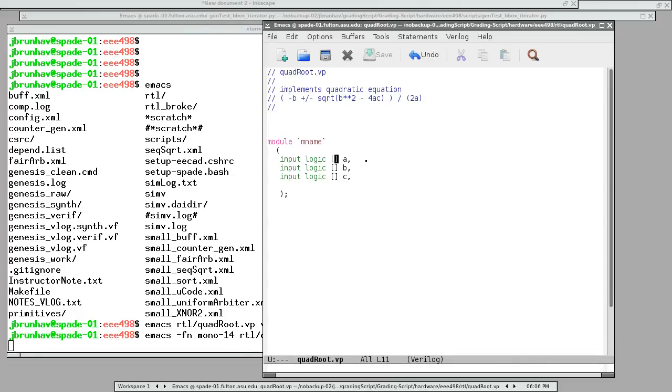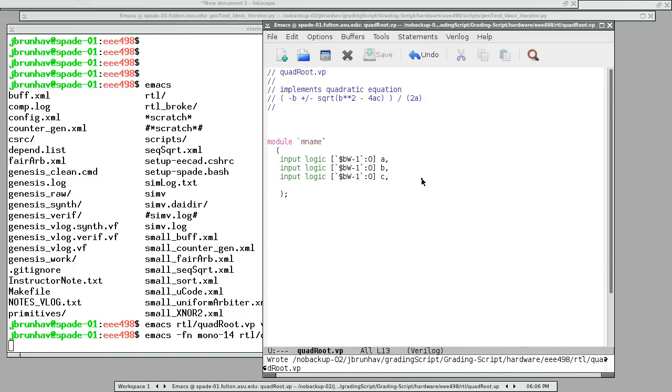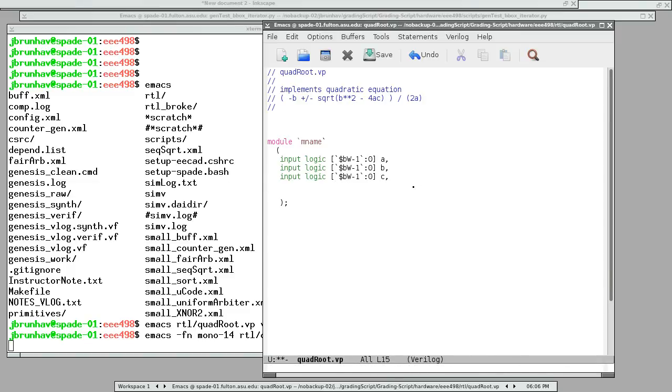Play the normal trick of having a parameterizable bit width. We'll do A, B, C. There we go. Output logic.